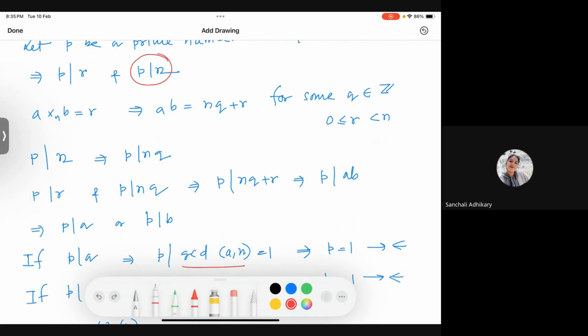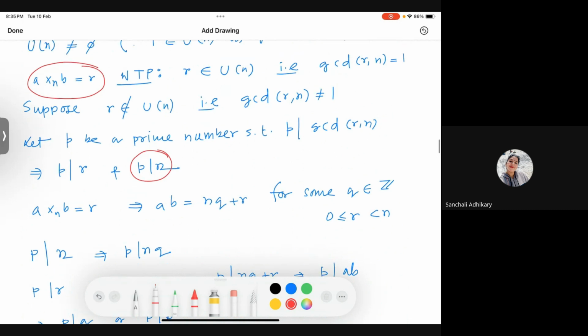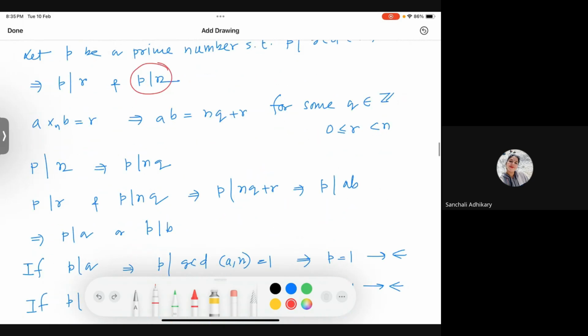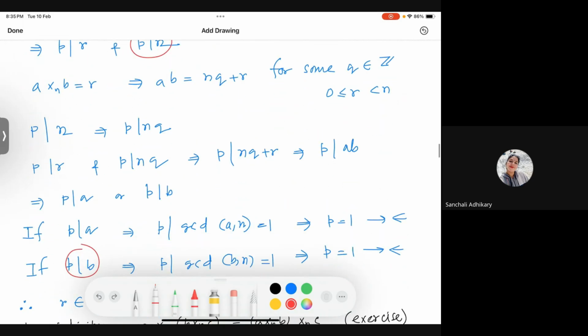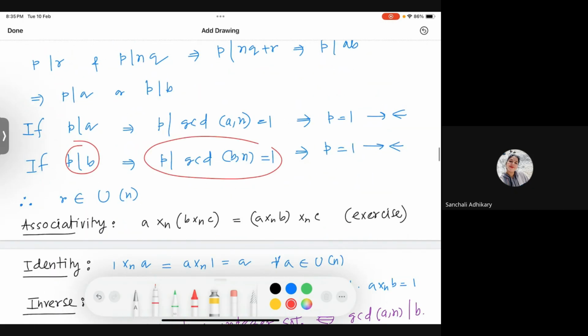And similarly, if P divides B, okay, because A and B belong to the set UN, so GCD of B and N is 1. So if P divides B and since P divides N, it will imply P divides the GCD and the GCD is 1. So P must be 1. But P is prime.